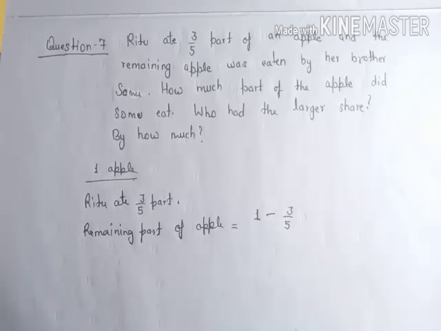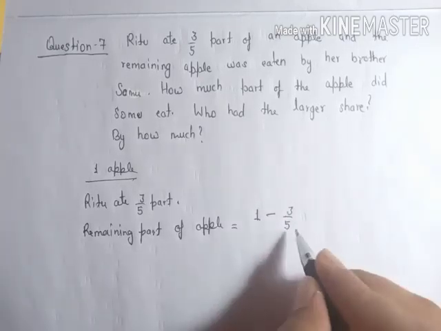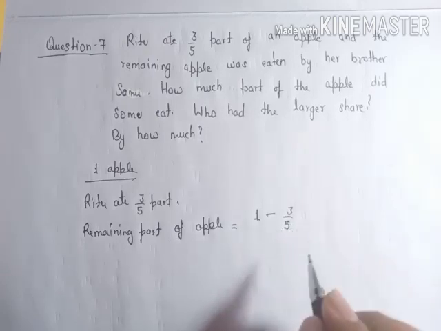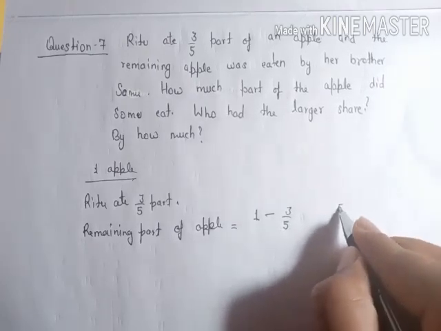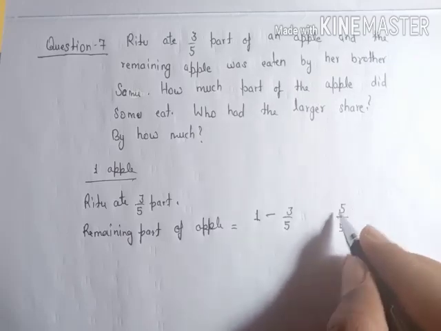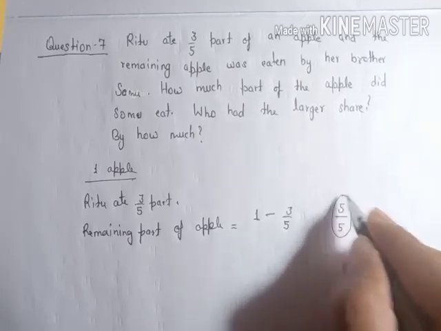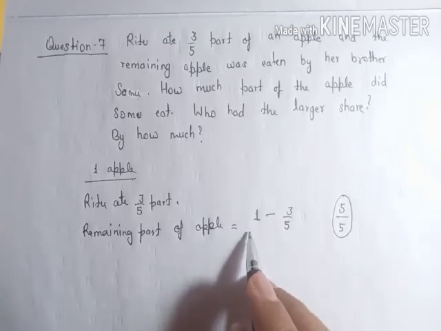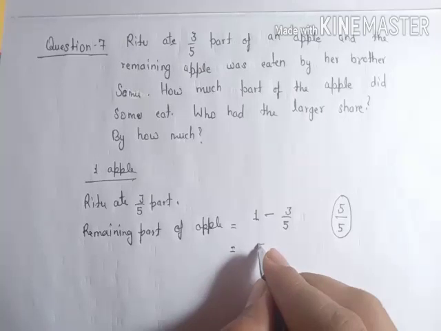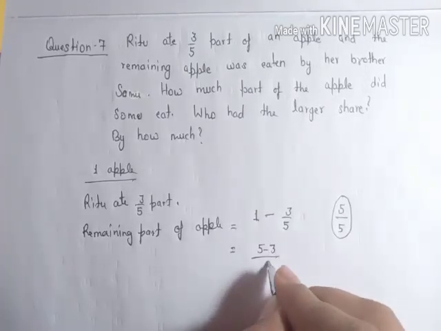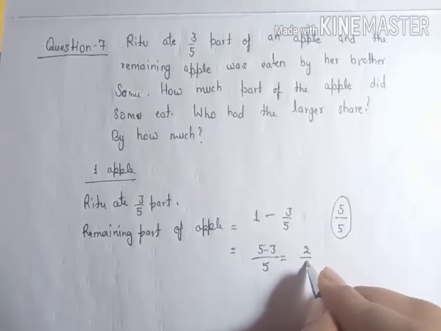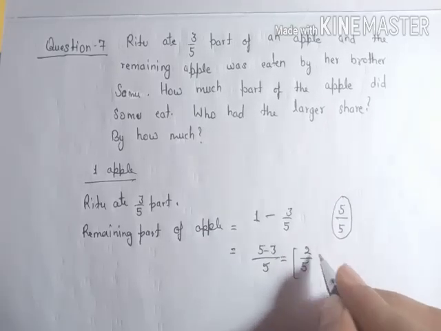Why do I write 1 here? There is the total part. The number of total parts is 5. So when you select 5 out of 5, you will get the total part, and 5 upon 5 value is 1. So we can write here it is 1. So 1 minus 3 upon 5, and that is equal to 5 minus 3 upon 5, and it is 2 upon 5. This is the remaining part here.